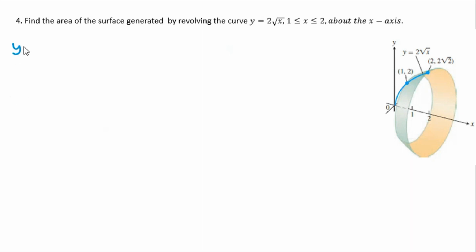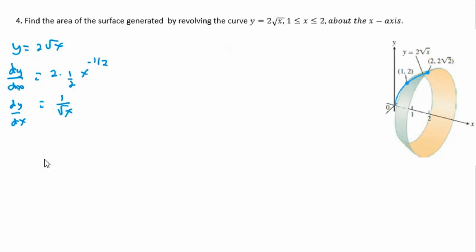We have here y is equal to 2 square root of x. The derivative of that, dy over dx, is equal to 2 times 1/2 of x to the power of negative 1/2, which is just equal to 1 over the square root of x. That is for dy over dx.